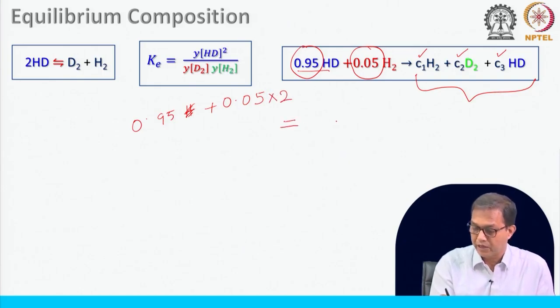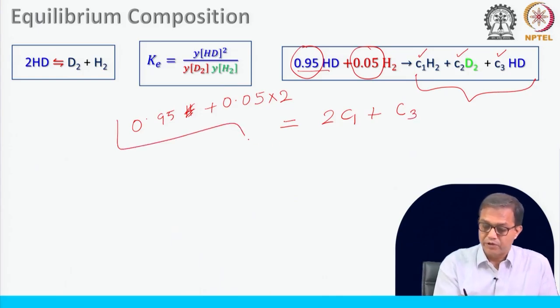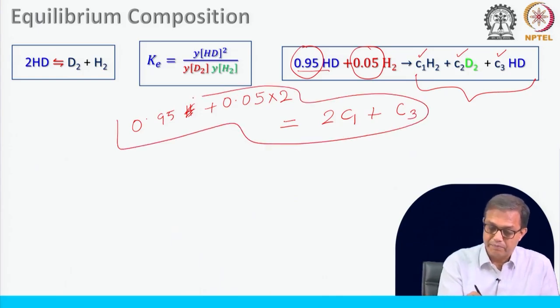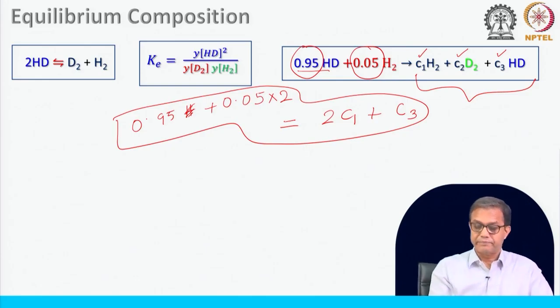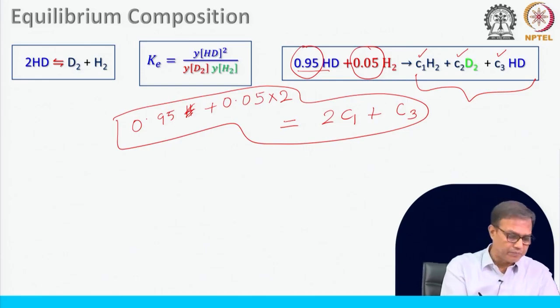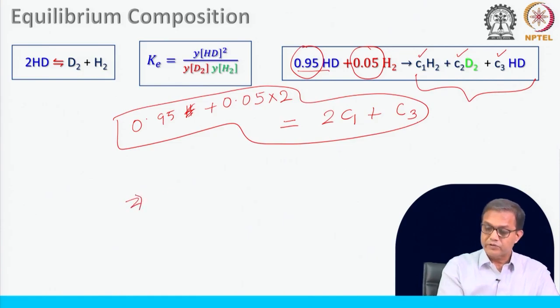On this side we have 2C1 and C3, that is if we try to make a balance for the hydrogen. So, this will become an equation involving C1 and C3.